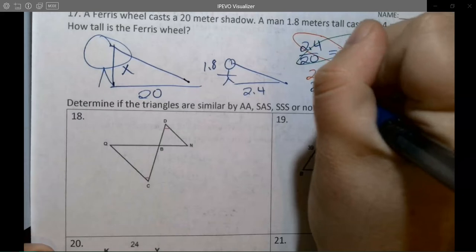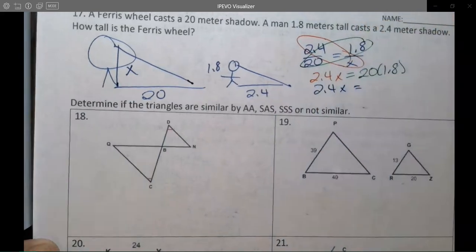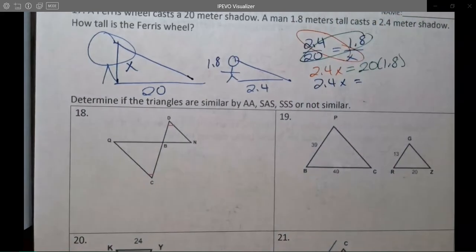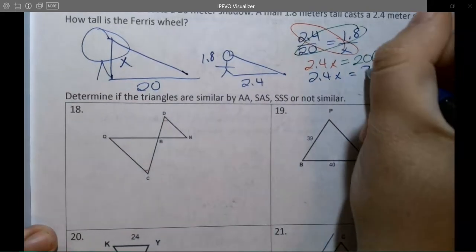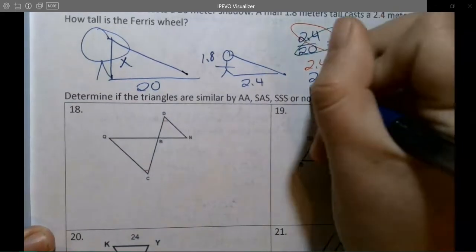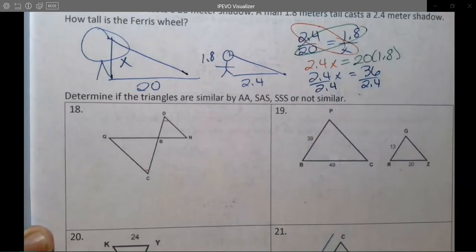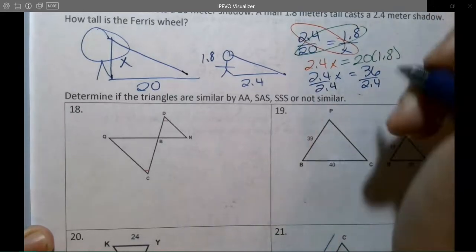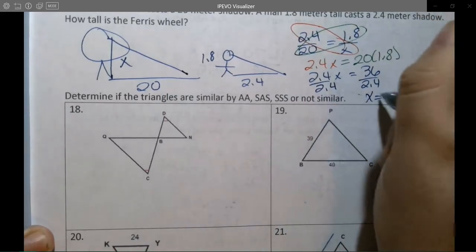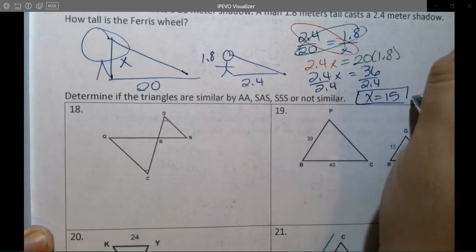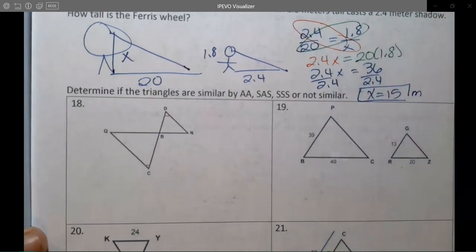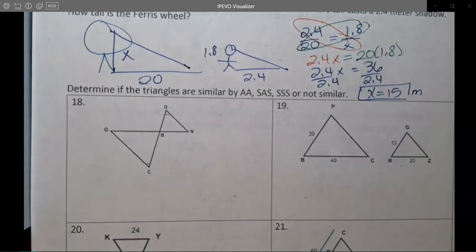That stays 2.4x, and 20 times 1.8 is 36. Then I want to go ahead and divide both sides by 2.4, which gets me x equals 15. So the Ferris wheel is 15 meters tall.